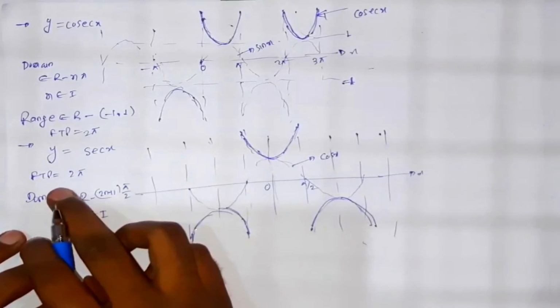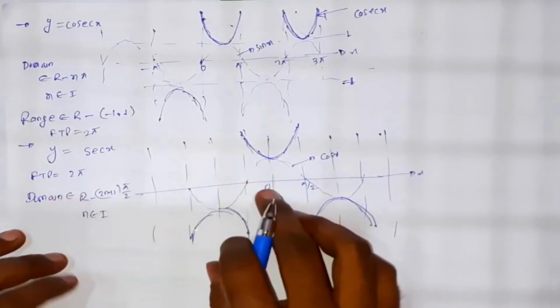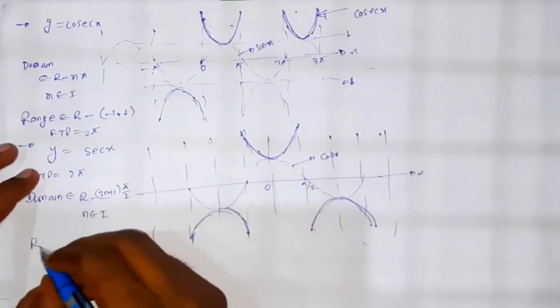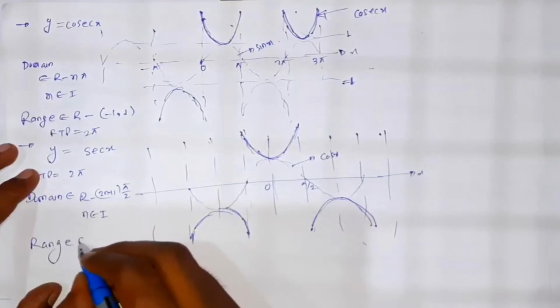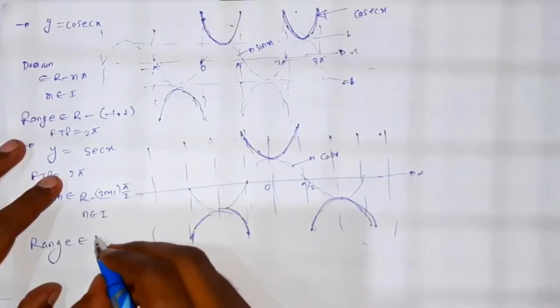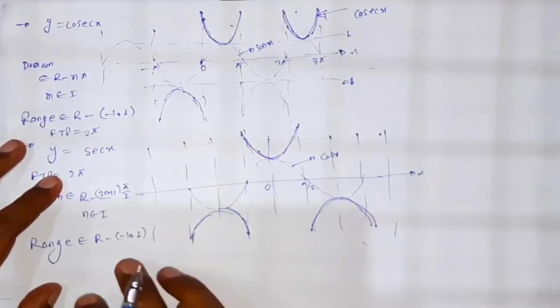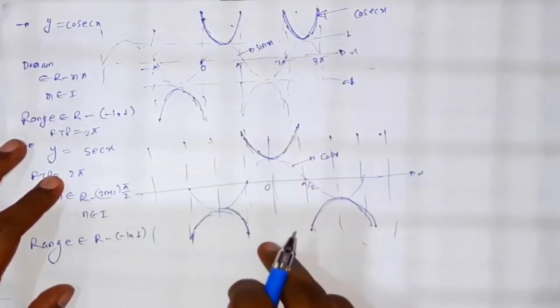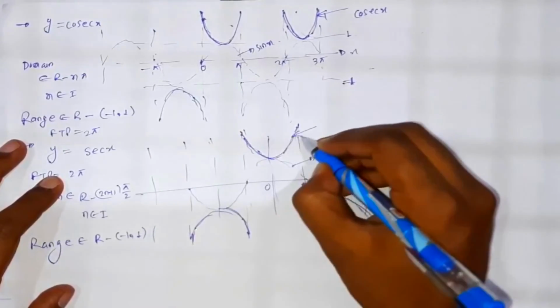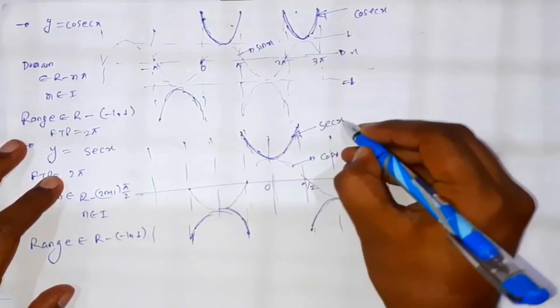So all the things we have drawn from the graphs, and the range will belong to real minus (-1 to 1). The same thing will happen with this graph also. So this is sec of x.